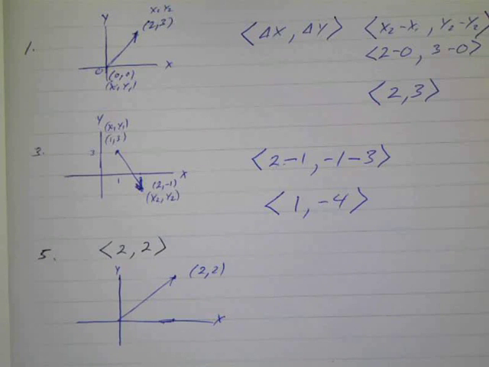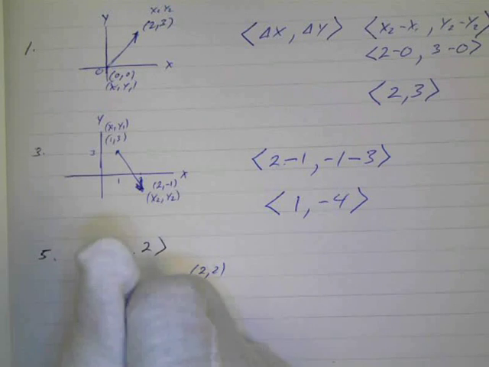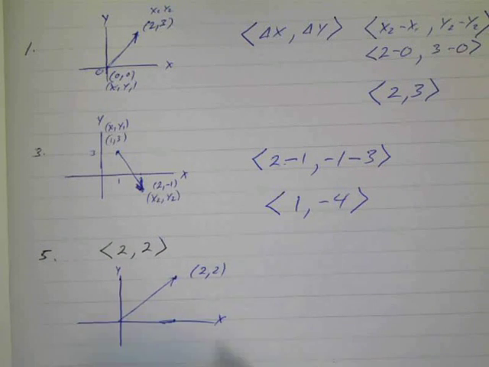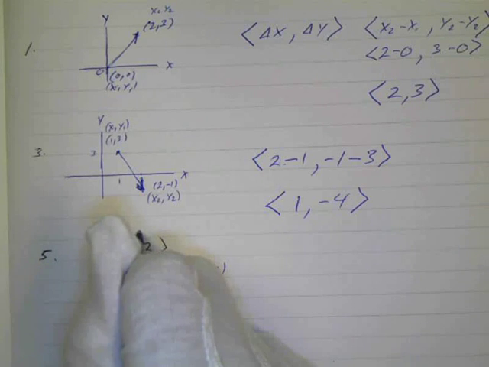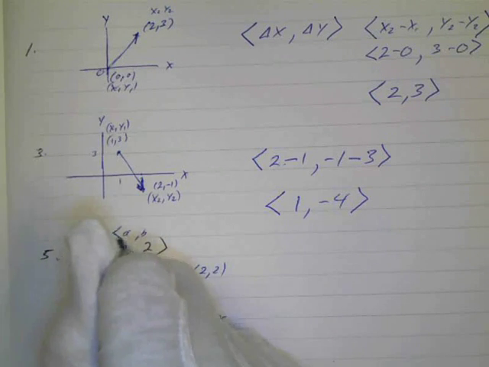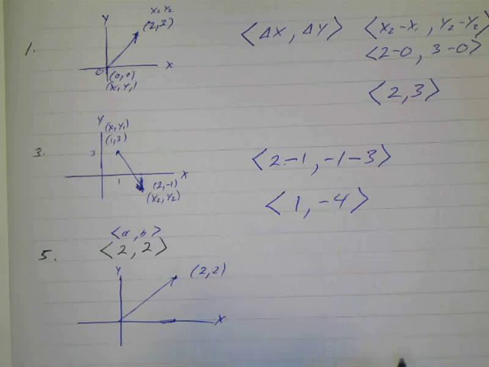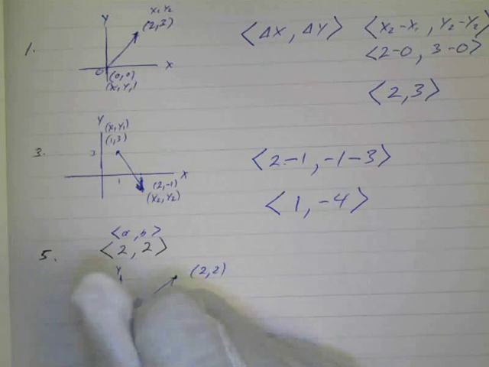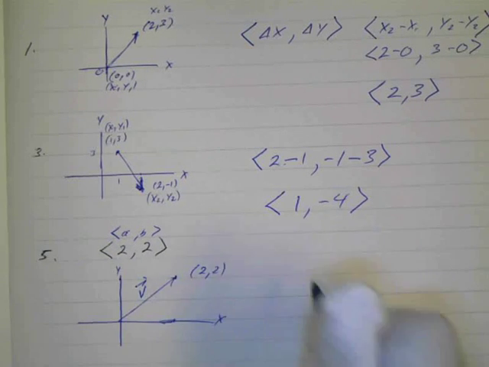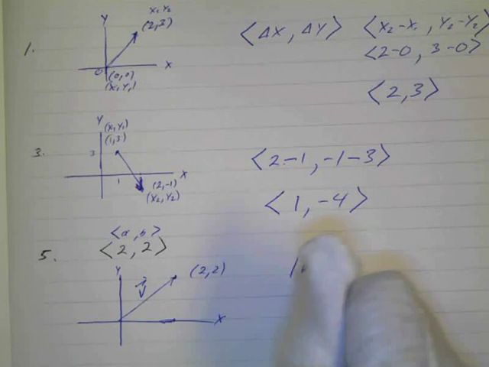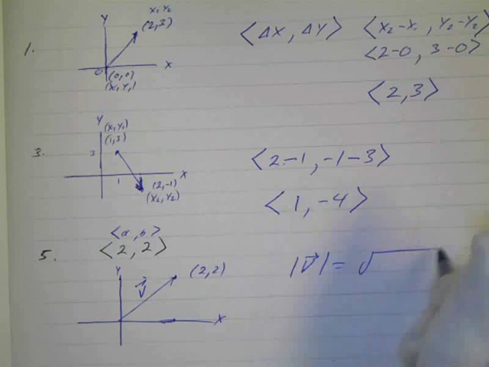We want to find the magnitude. Well, the magnitude is real easy because this is also in the form (a, b), and we know the magnitude of the vector. Let's say this is vector V, just for naming sakes. The magnitude of vector V is just the square root of a squared plus b squared, its components.